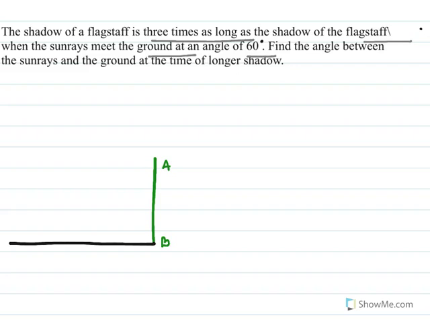So the sun's position must be at two places. One would be this position, and when this is the position, we would get a shadow. We'll put it in different colors. So the shadow here would be along the sun's rays. This would be one shadow, and we'll mark that shadow as CB.